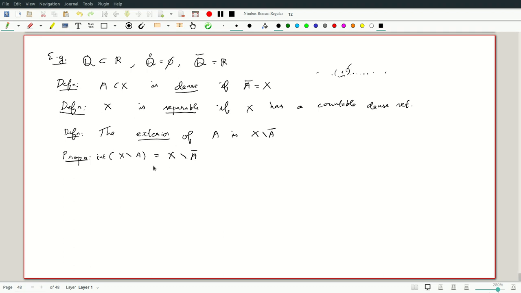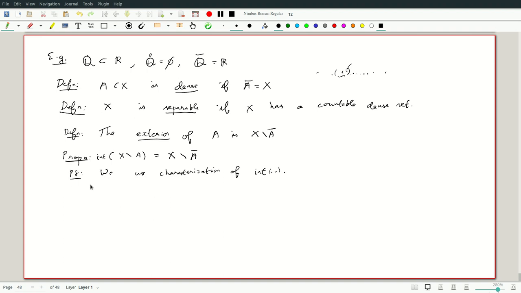And the easiest way to see this, maybe this will illustrate it, is to use the characterization in terms of maximality. So note we use the characterization of the interior of any set.